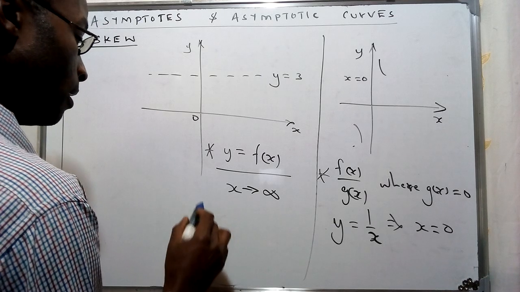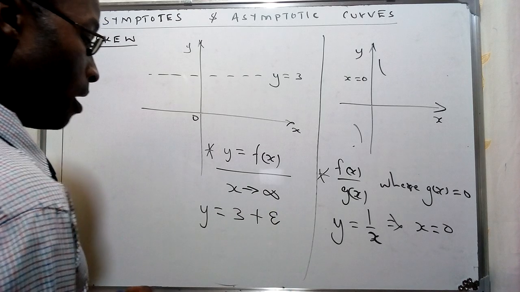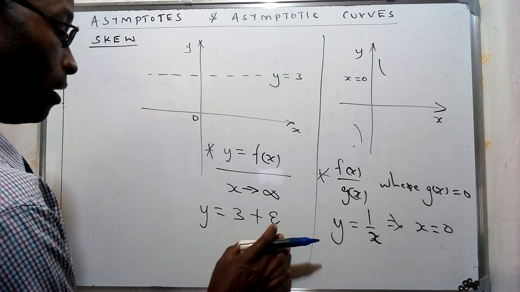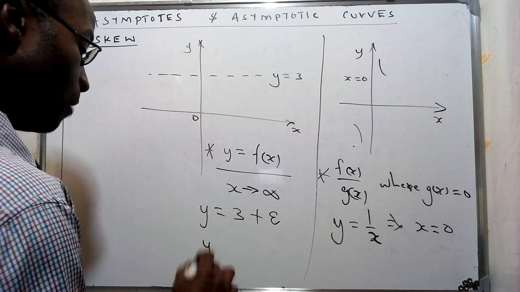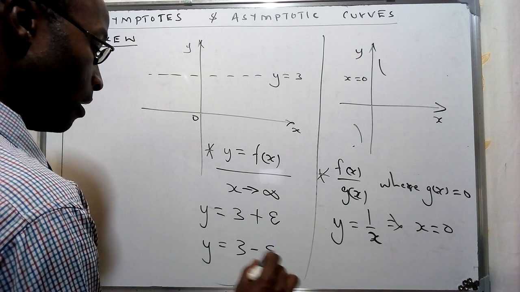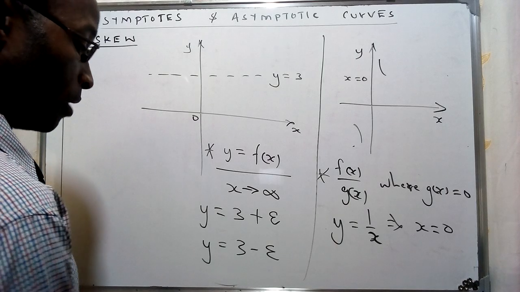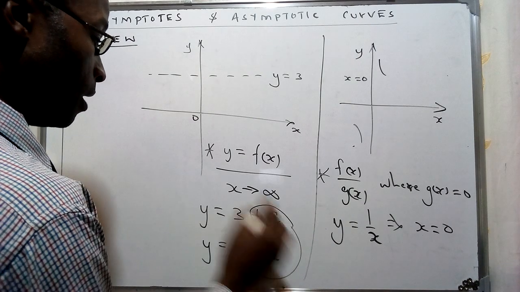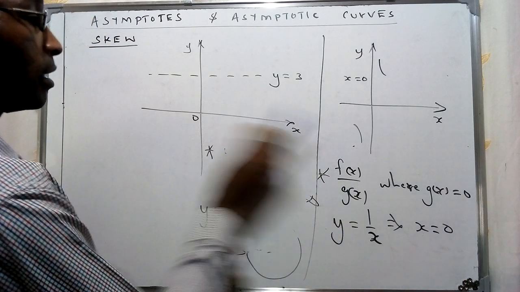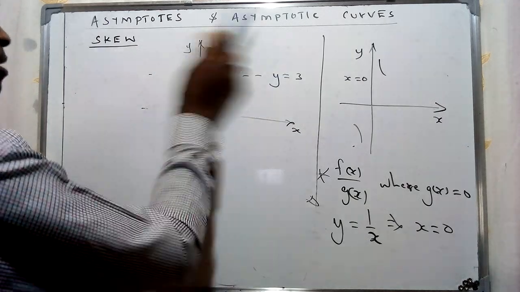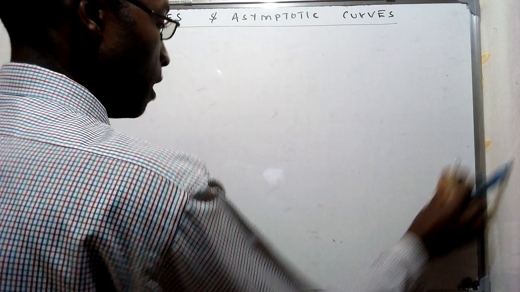And in this case, we had said that therefore we're going to have these asymptotes given in a value of 3 plus epsilon, whereby we say that epsilon is going to be a derivation of positive infinity, whereby we're going to have another representation for the asymptote given in terms of 3 minus epsilon, whereby the two values for positive and negative are going to be representing either positive or negative infinity given as such. So kindly check those specific links. They're going to be assisting us in trying to contrast these 3 different types of asymptotes, which I've just mentioned.